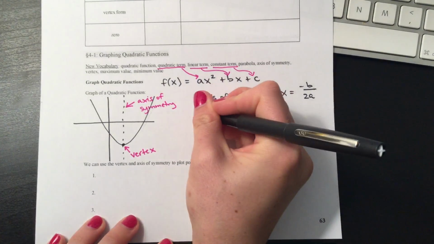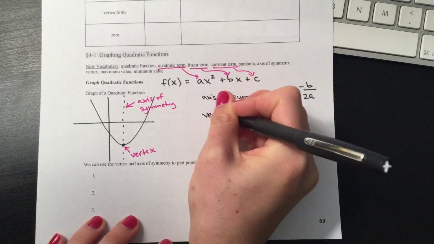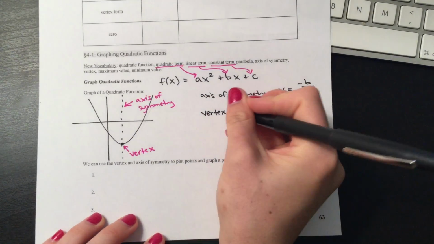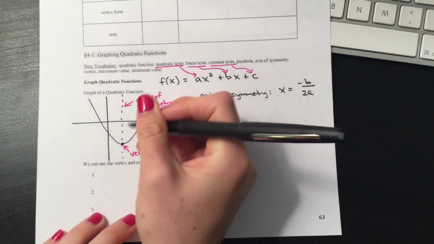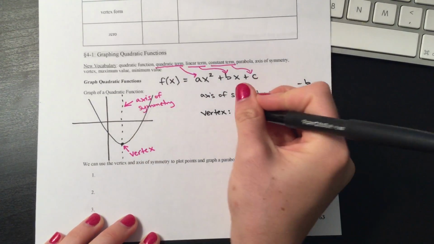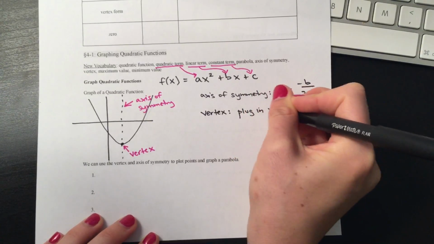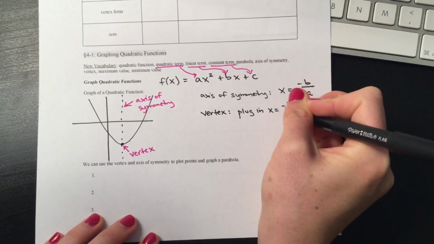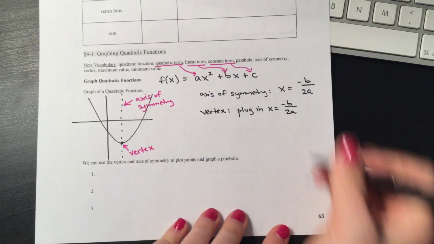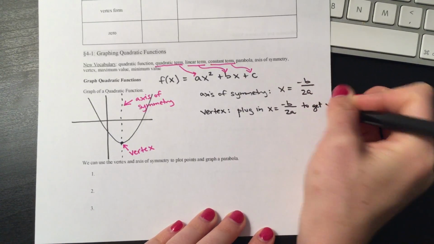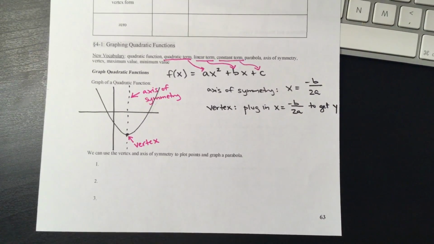And then for our vertex, your vertex is supposed to be an ordered pair. Okay, so for your vertex, you get the x value from this, because the vertex is always going to be on the axis of symmetry. So you plug in whatever you get for negative b over 2a to get y. Okay, so you plug that in to get y.